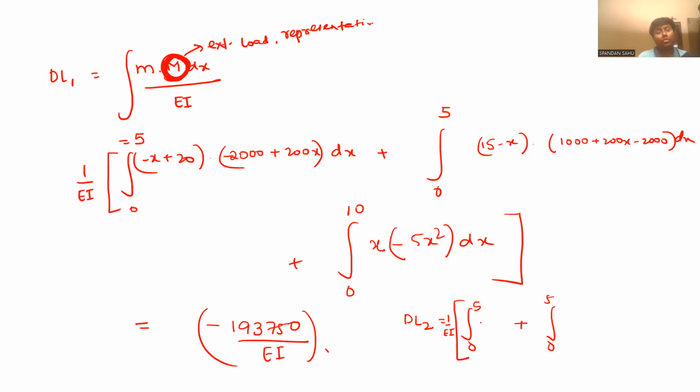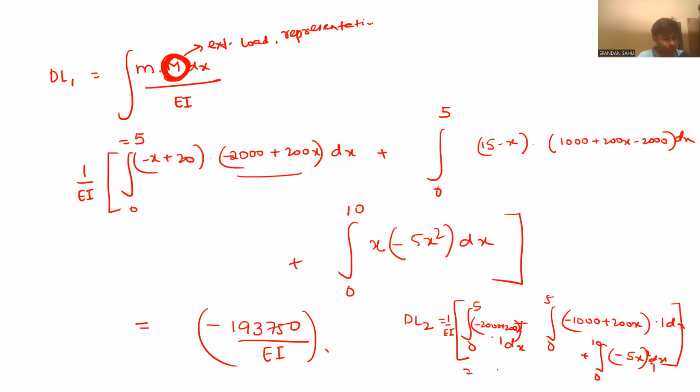Small m's are 1, so only capital M. Capital M, you just see this, 2000 plus 200x into 1, 1000 plus 200x into 1 into dx. This will be minus 5x square dx into 1.